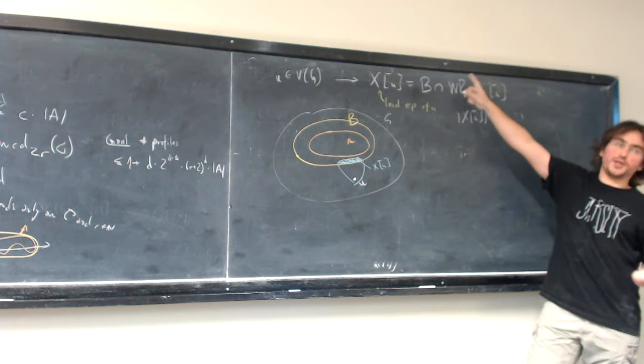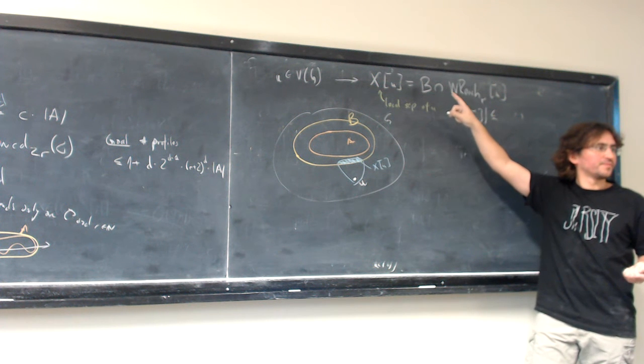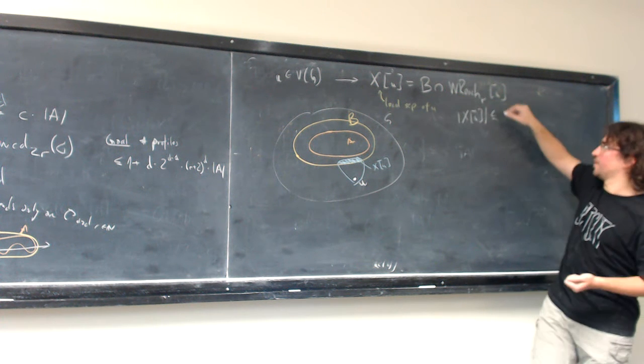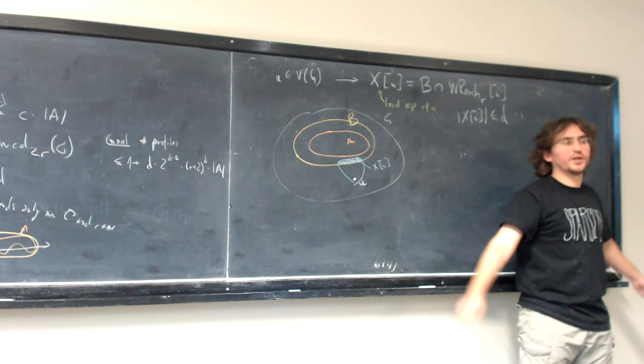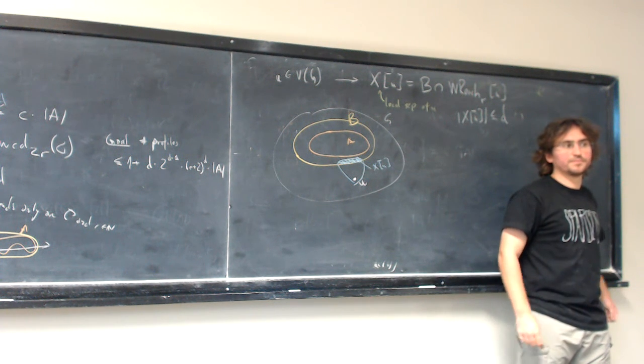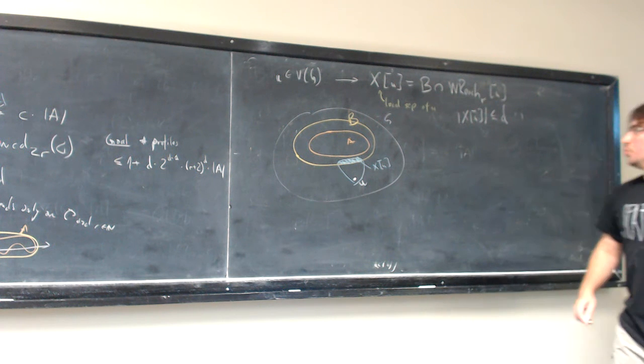Because it is contained in this weak reachability set. So this is bounded by D, because all the weak reachability sets have sizes bounded by D.